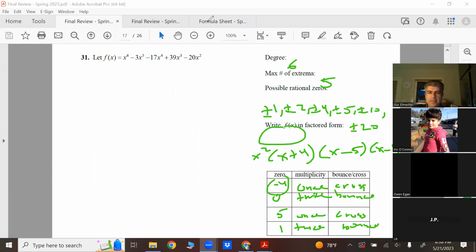But how did you know that -4 was once? Because it only happened once when I did my synthetic division. I didn't have to do it a second time. If you don't have to do it a second time with the synthetic division, that's once. Or when you factor it out and there's a square next to the factor, then that's twice. Or when you factor something out and it's just one time, then it's one time.